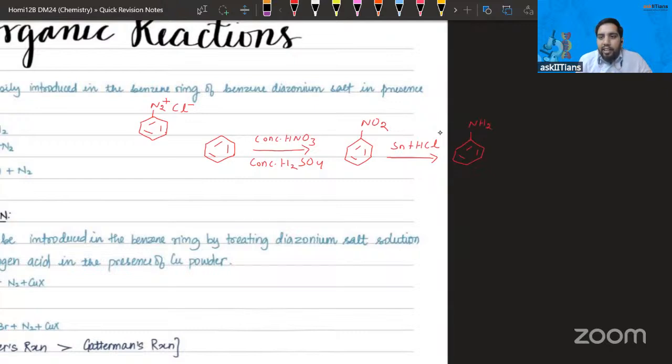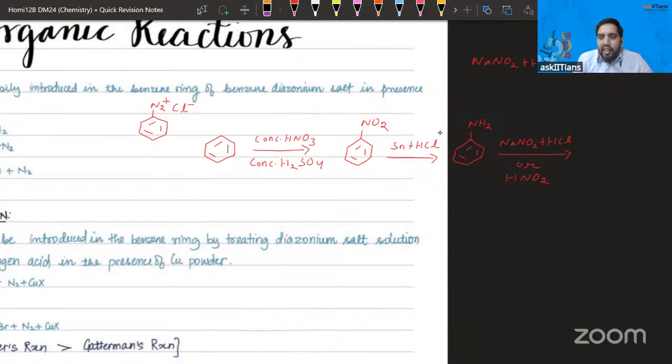And then finally, we are going to do diazotization. In diazotization, we will take the combination of NaNO2 plus HCl, or in place of NaNO2 and HCl, you can also find HNO2, that is nitrous acid. It is nothing but when we react NaNO2 with HCl, it produces HNO2, nitrous acid, along with NaCl.